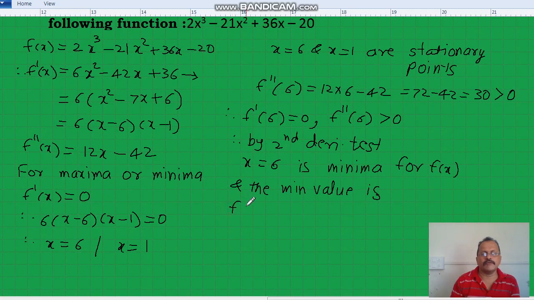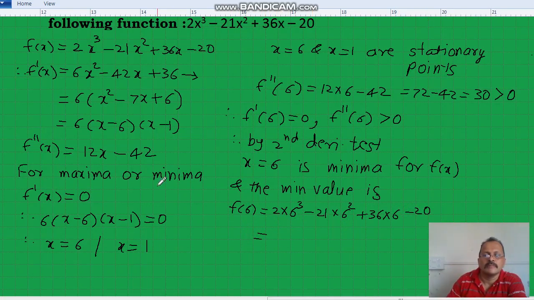and the minimum value is f(6) equal to 2 into 6 cube minus 21 into 6 square plus 36 into 6 minus 20. I will take 6 square into 3 common, that is 6 square is 36, 36 threes are 108.